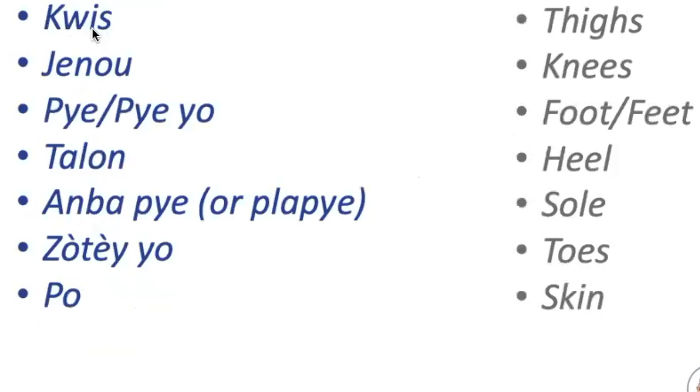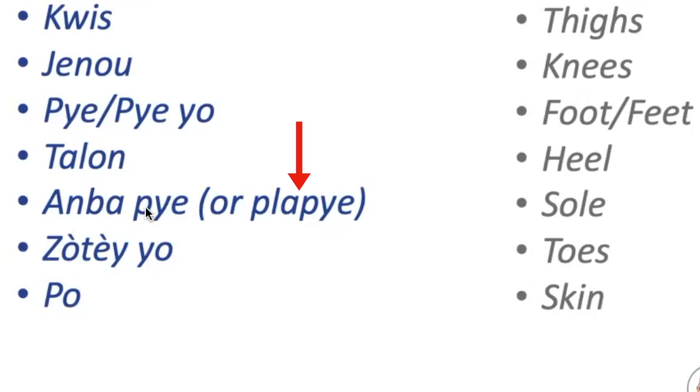Now, thighs, cuisse. Knees, genou. Foot, pied, but the plural feet is pied, pied. Heel, talon. Sole, en bas pied. There's not one specific word for it, but you say en bas pied, that means at the bottom of the foot, right?